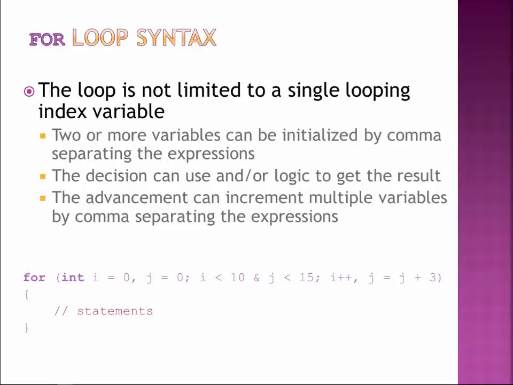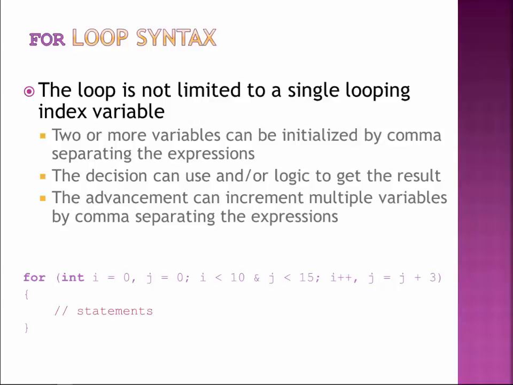I can say i plus plus, j is equal to j plus 3. So they go on different scales. You can figure out that i will do it 10 times. j is advancing 3 at a time, so it'll only do it 5 times or maybe 6, depending on where it is. It'll stop when j gets up to its number. But the j number could be modified based off of what's happening in the logic.